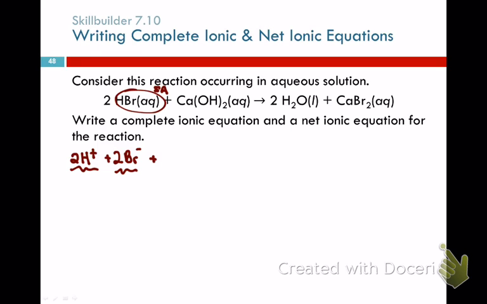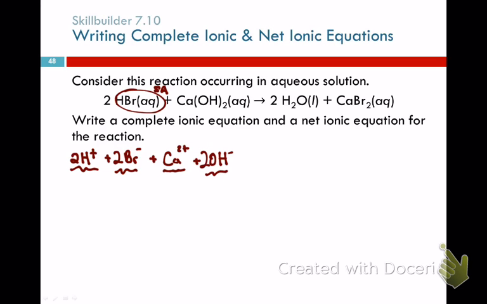So what is it? Ca2 plus. And then what? OH minus. Is that exactly right? It's kind of right in concept. What's missing? The 2, so I need 2.